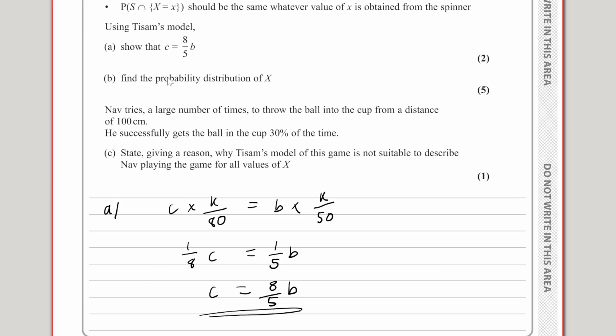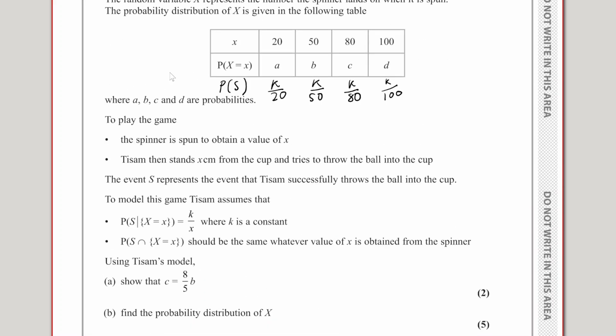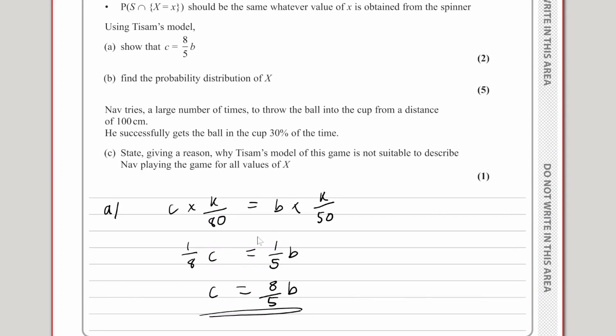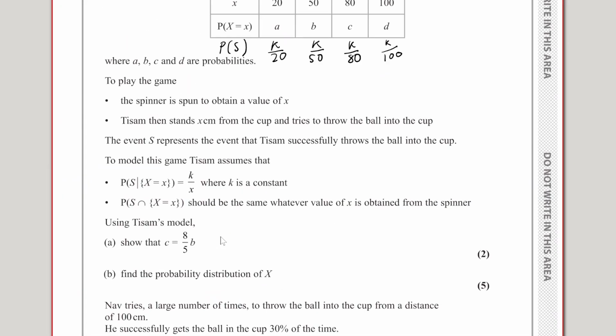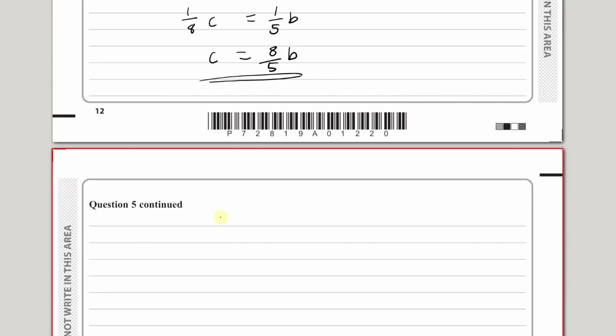Find the probability distribution of x. So we can do the same for the other ones. So A times K over 20 is equal to B times K over 50.